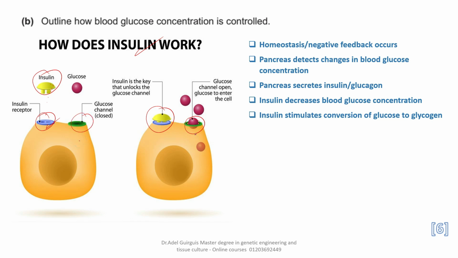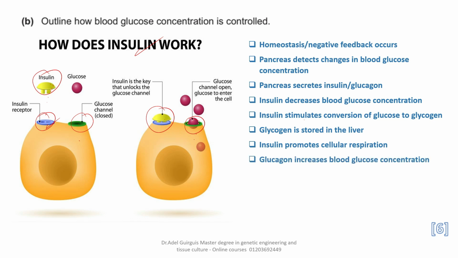So glucose enters easily, or is taken up by the cell, when insulin is present. So insulin stimulates uptake of glucose and also stimulates conversion of excess glucose to glycogen. Glycogen is stored in the liver and the muscle. Insulin promotes cellular respiration, stimulating the cell to respire to release energy.